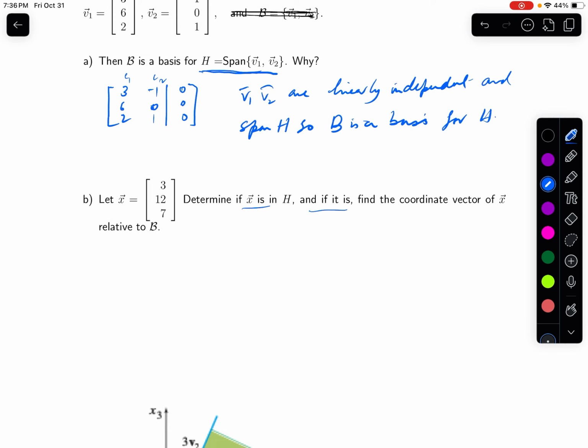But I am going to add the second row into the third row. So now I multiply the second row by negative 1.